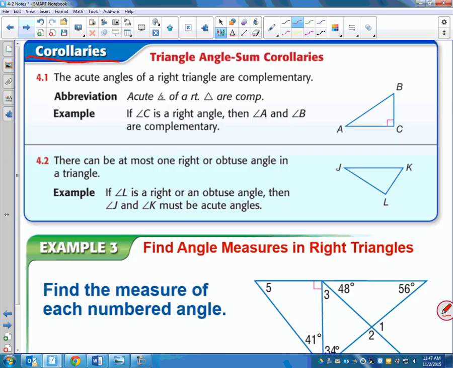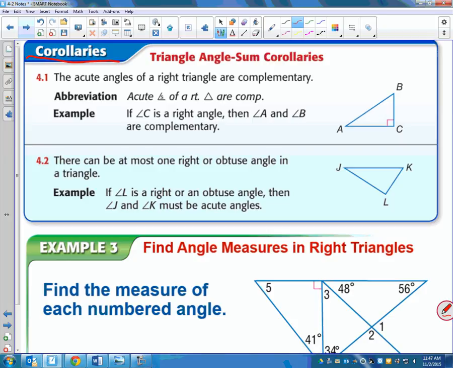Because then it would already equal 180, and there's nothing left for the other angle. You can't have a negative angle or a zero angle in a triangle. The same thing with obtuse: if one angle is already over 90, you can't have another one over 90. Those are called corollaries because the triangle sum theorem says the angles add up to 180, so these make sense.